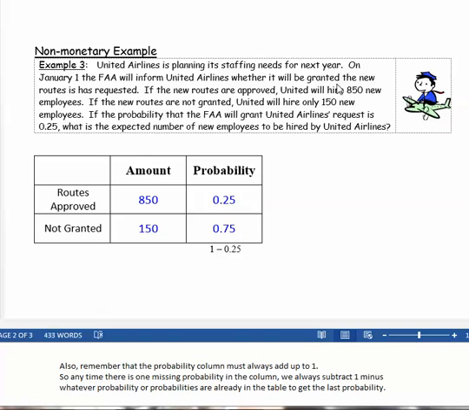Also remember that the probability column must always add up to 1. So anytime there is one missing probability in the column, we always subtract 1 minus whatever probability or probabilities are already in the table to get the last probability.